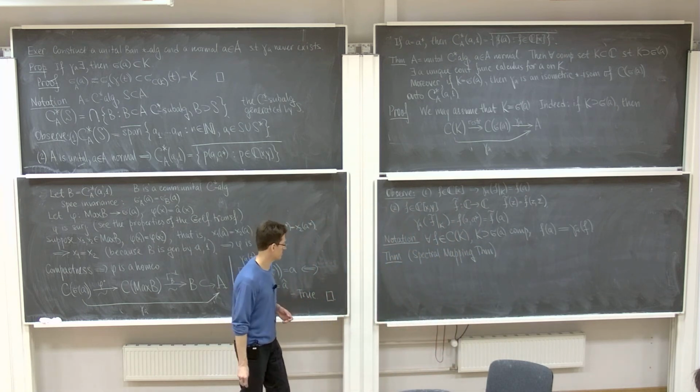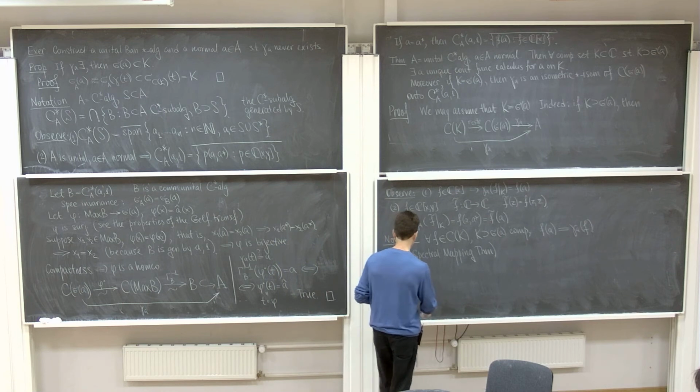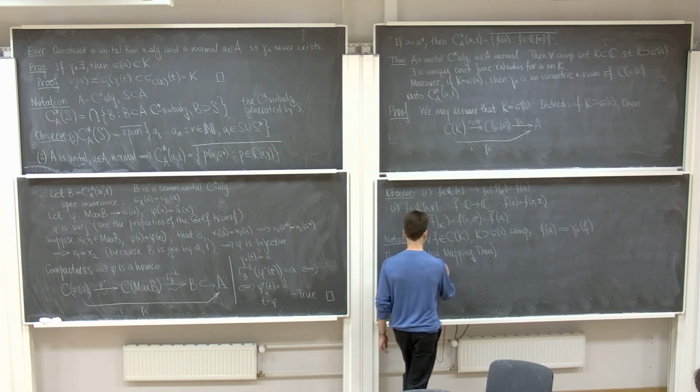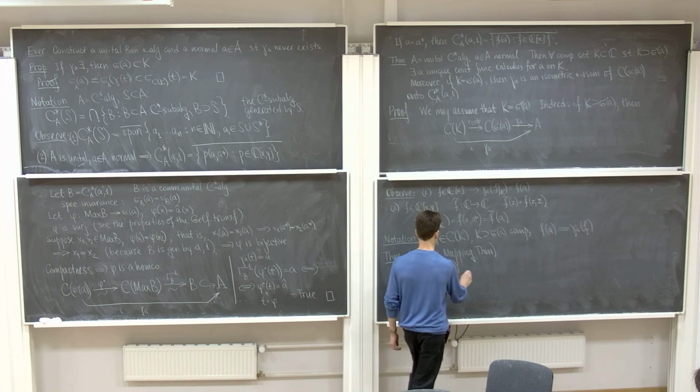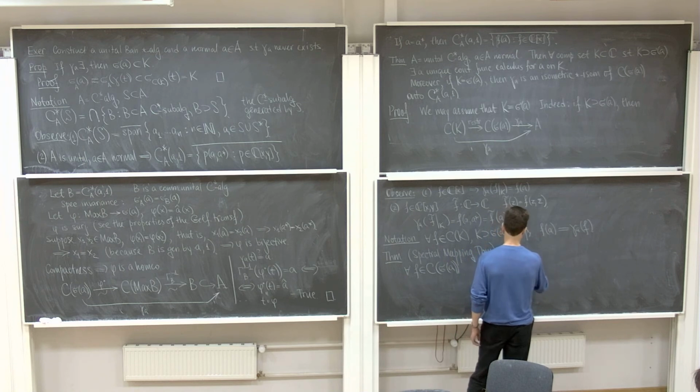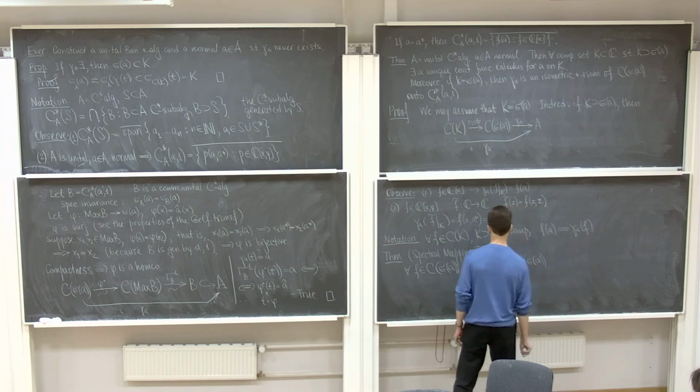Spectral mapping theorem. The formula is very easy. So I claim that for each continuous function f on the spectrum of A, we have the following equality. The spectrum of f of A equals f of sigma of A. That is the image of the spectrum under f.